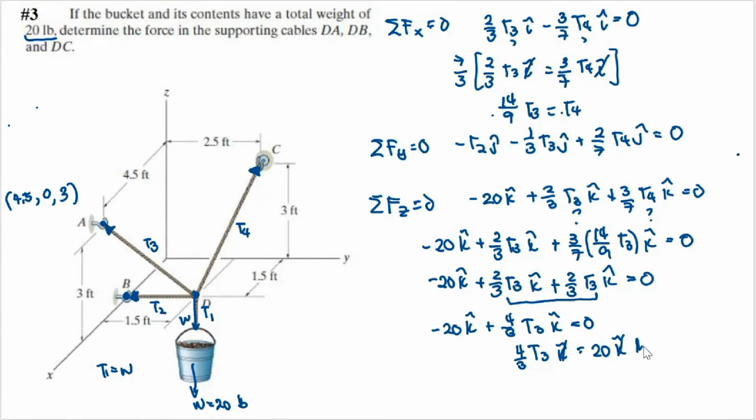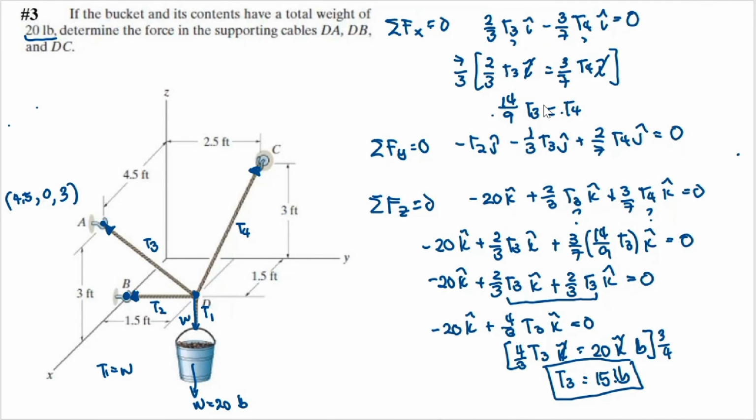Then, divide both sides by 3 over 4 para makancel yung 4 over 3 kay T3. So, T3 now is 20 times 3 over 4. What will be the answer? 15. Very good. This is now T3, 15 pound.